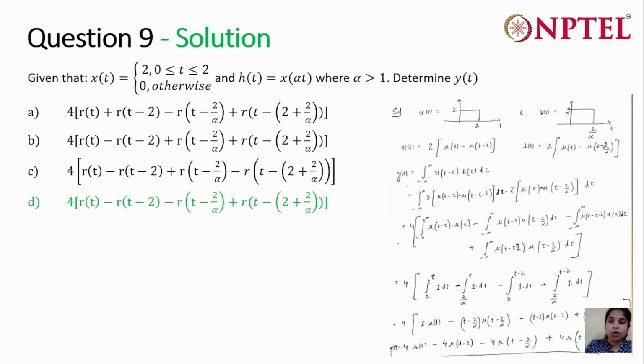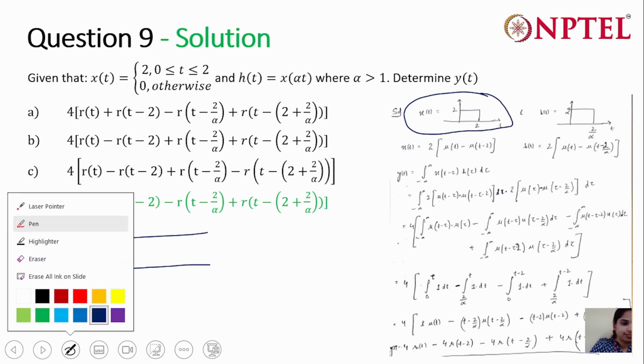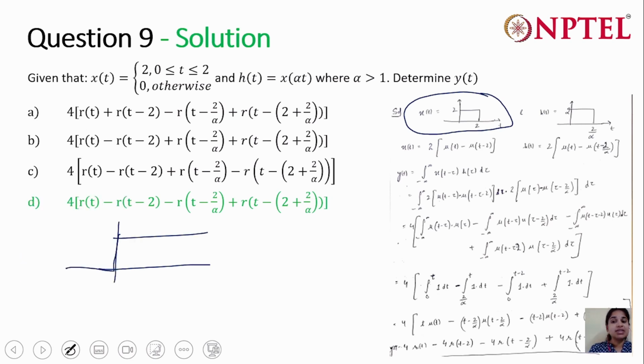How can I write this in terms of unit step? What is u of t? U of t is something like this. What is u of t minus 2? U of t minus 2 is from 2 to infinity. So this is u of t minus 2.